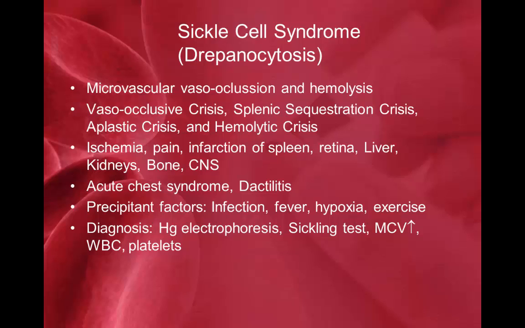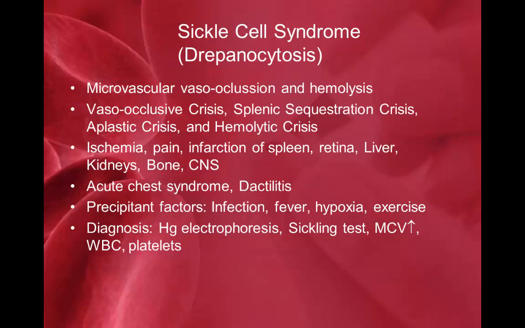Okay, so it's a microvascular vaso-occlusion because all the sickle cells, or drepanocytes, clog the capillary, causing any type of vaso-occlusive disease that produces pain and ischemia. This ischemia could happen at the level of the spleen, producing infarction, retina, liver, bone, CNS, and even in the pulmonary artery, causing acute chest syndrome, or in the fingertips, producing dactylitis.